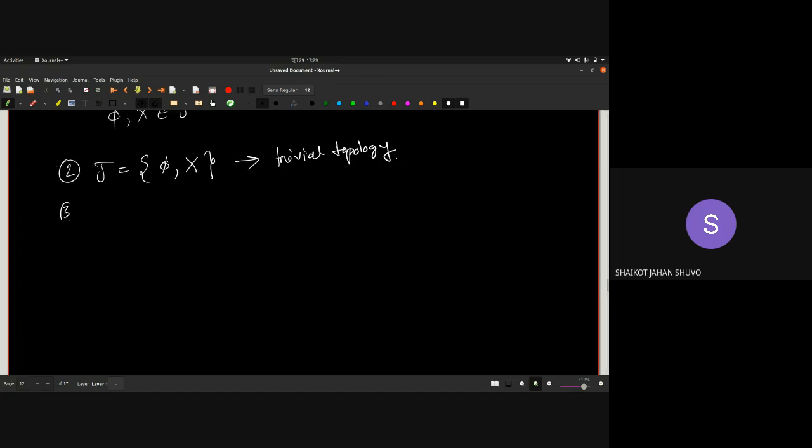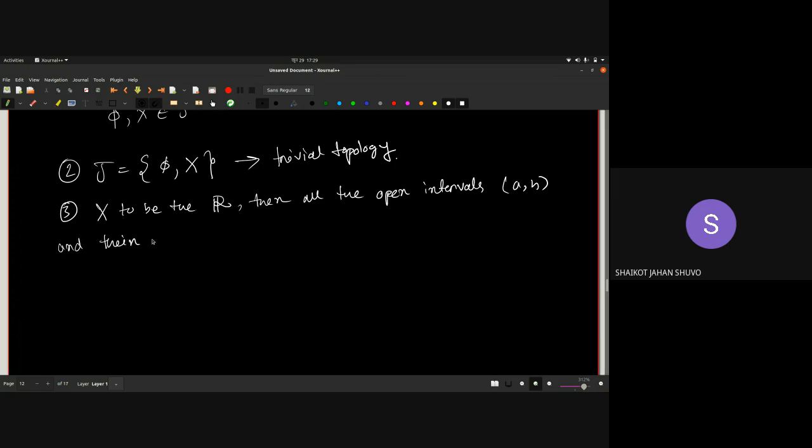Then if we consider X to be the real line R, all the open intervals which have the form (a, b) and their unions define the usual topology.